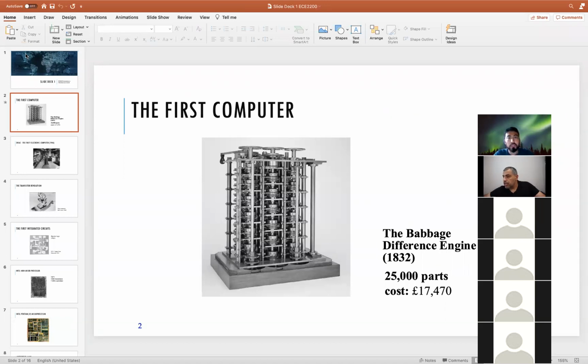It was all made out of mechanical parts, basically gears, and I think it multiplied. It was about the size of a refrigerator, and it cost 17,000 pounds 190 years ago, which I read was $1 million+ for something that multiplied.